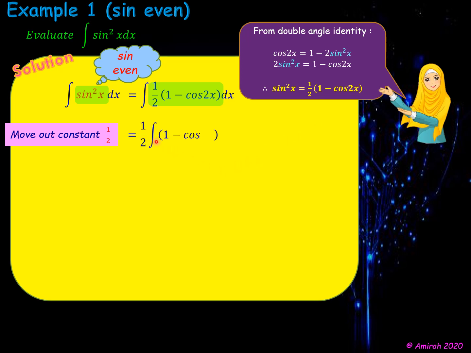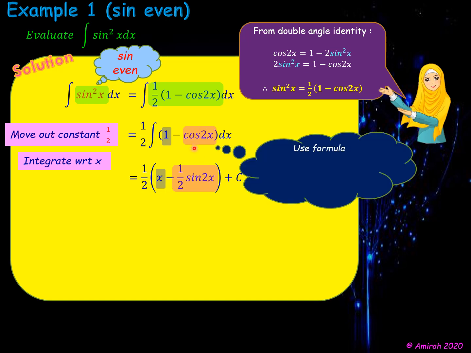After that, we move the constant half out of the integration sign, and then we can integrate one by one. We still put the constant half, and we integrate 1 with respect to x, so the answer is x. After that, we integrate cos 2x, so the answer is half sine 2x.